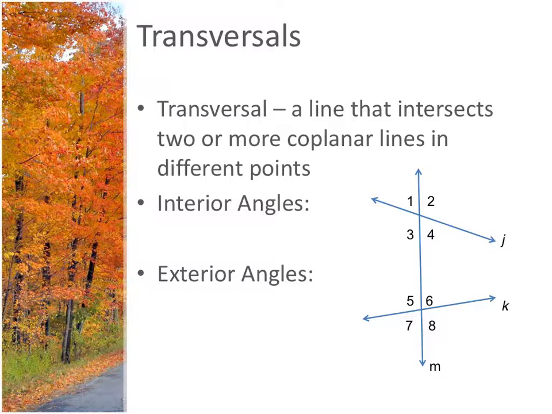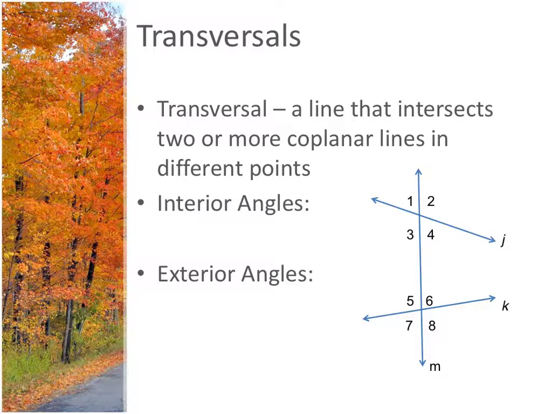There's line M, line J, and line K, right? Which of those 3 is the transversal? Line M. Line M is the only one that intersects 2. You see that? So M would be the transversal here.